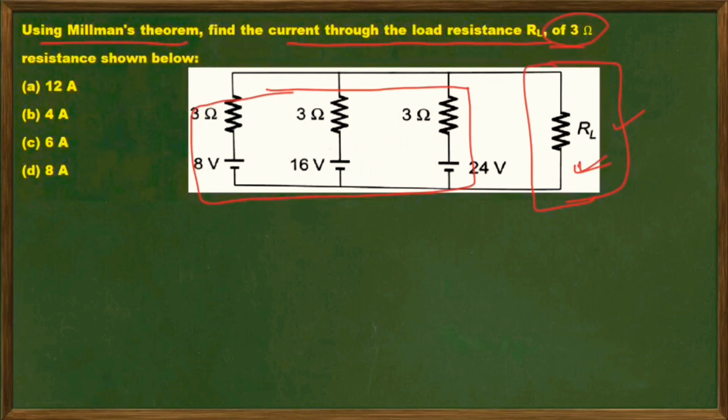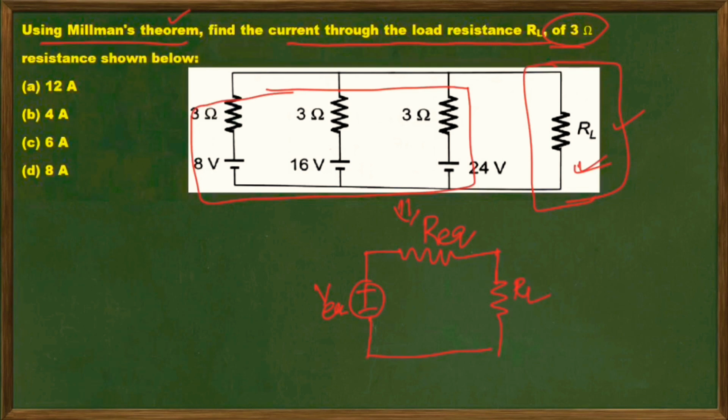By using Millman's theorem, this network can be rewritten into a smaller one, that is V equivalent with a series equivalent resistance and the load resistance.